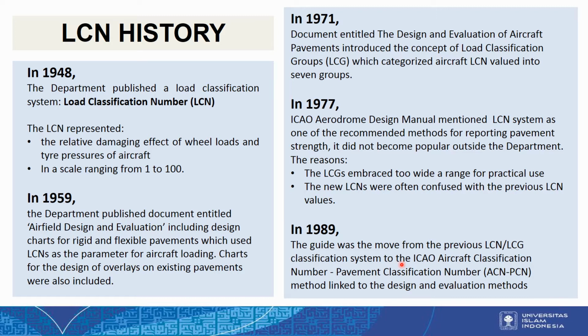Because there were so many pavement reporting systems, ICAO decided to make a single universal method for reporting the pavement, which we already talked about and learned. This is the ACN-PCN method from ICAO.